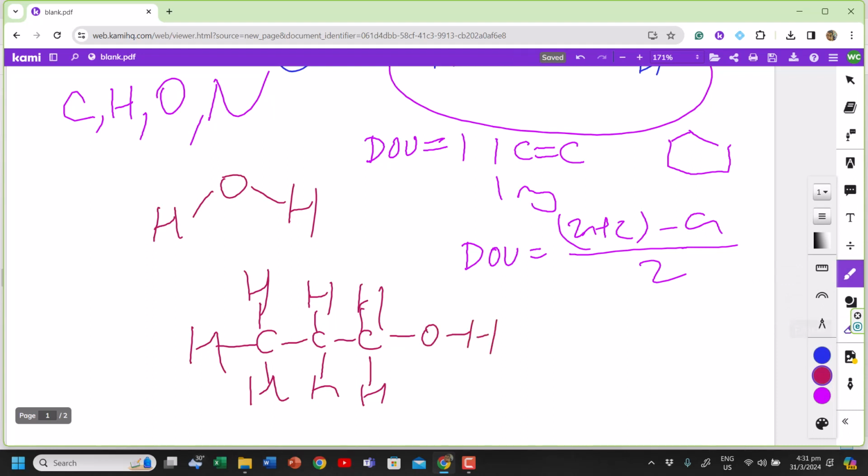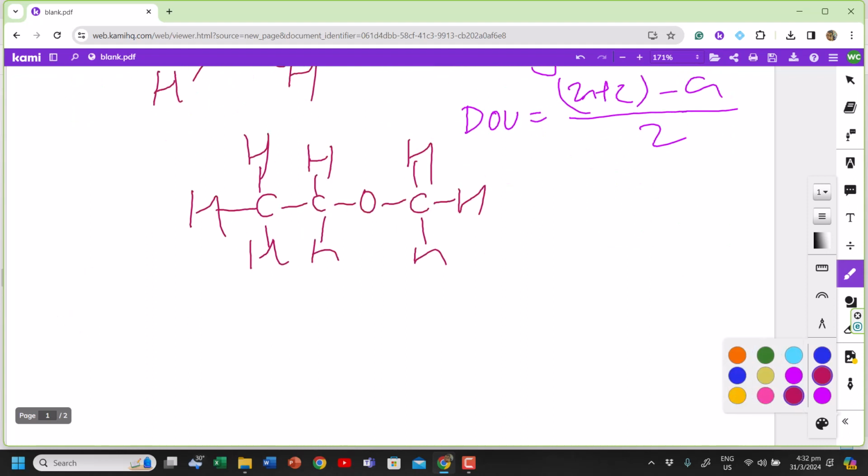What if I include an oxygen right in the middle? It also doesn't change the maximum number of hydrogens. So incorporating oxygen in the molecular formula does not change the maximum number of hydrogens that the number of carbons can have. So oxygen does not change the formula for the degree of unsaturation.